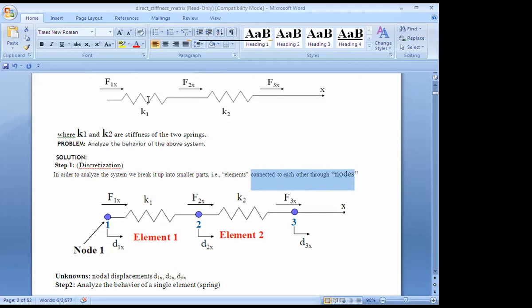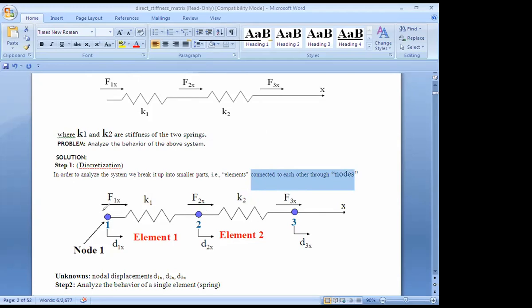The first spring will be my element 1, and the second spring will be my element number 2. And then these elements will be connected by nodes. So these nodes shall be numbered. This will be node number 1. The middle one will be node number 2, and the other one will be node number 3.